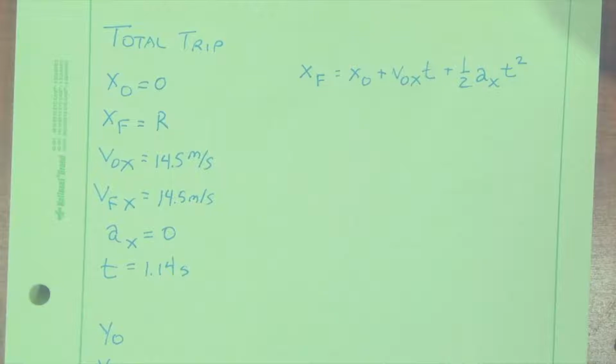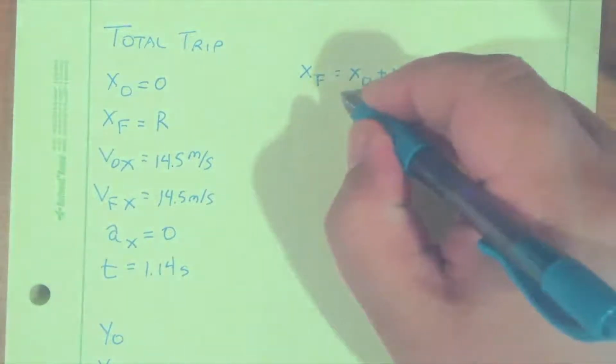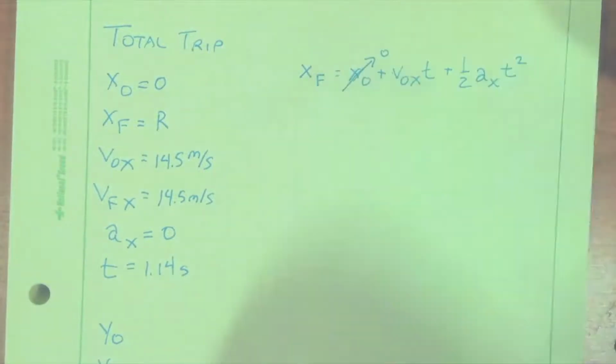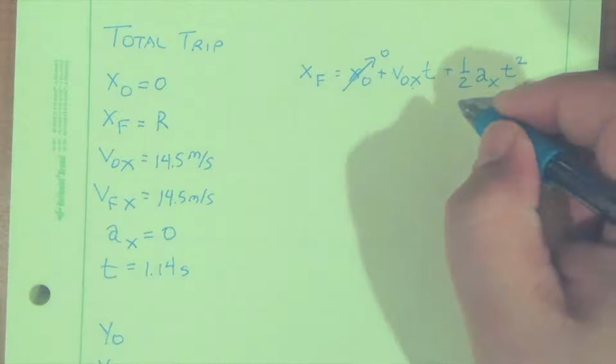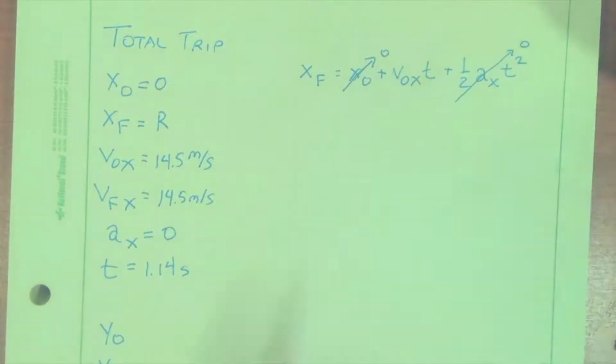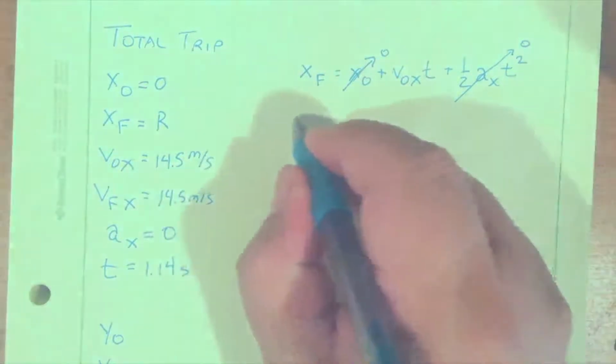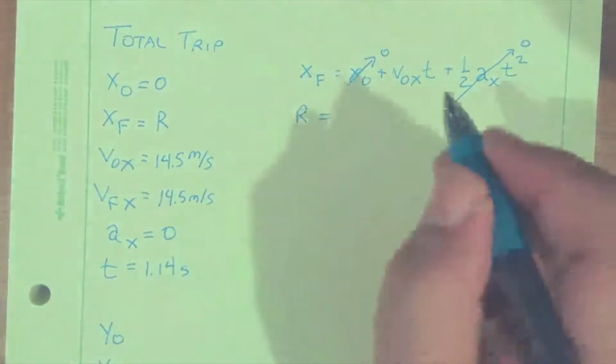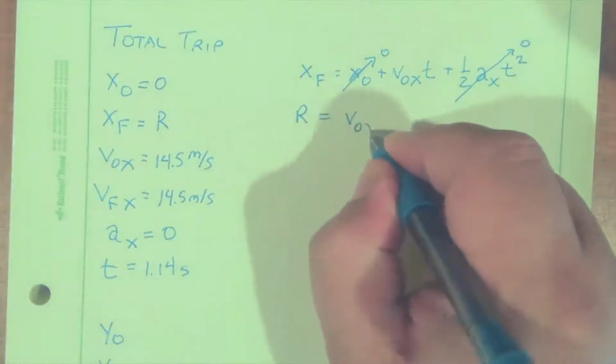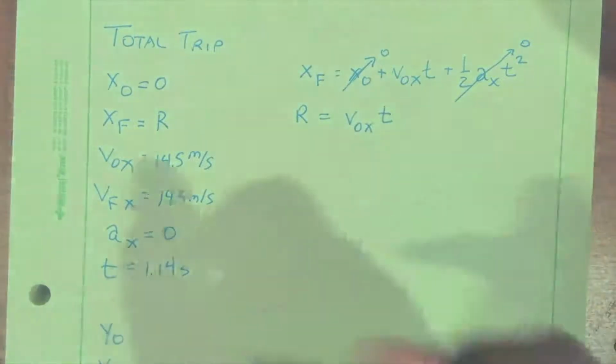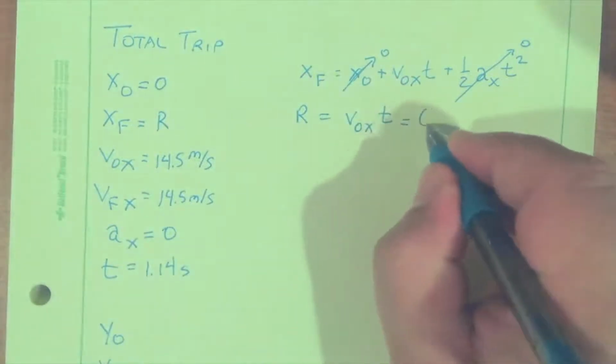And looking over at the data here, the equation really simplifies. The initial x position is 0, and the acceleration in the x direction is 0. And so our range is simply the initial velocity in the x direction multiplied by the total time in the air.